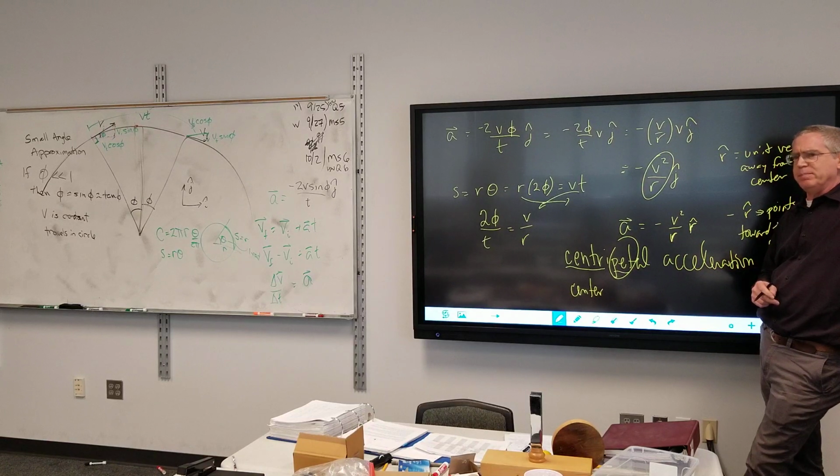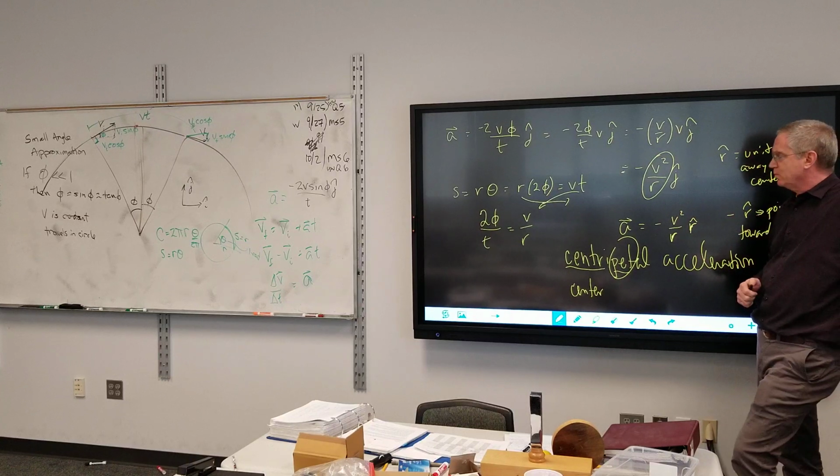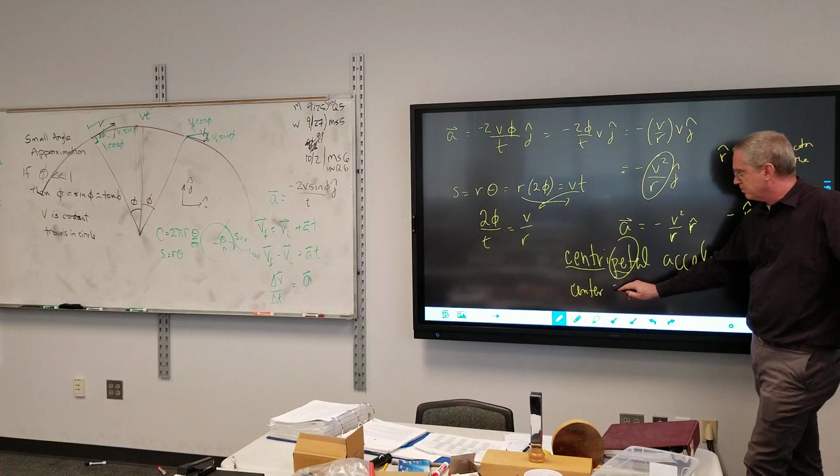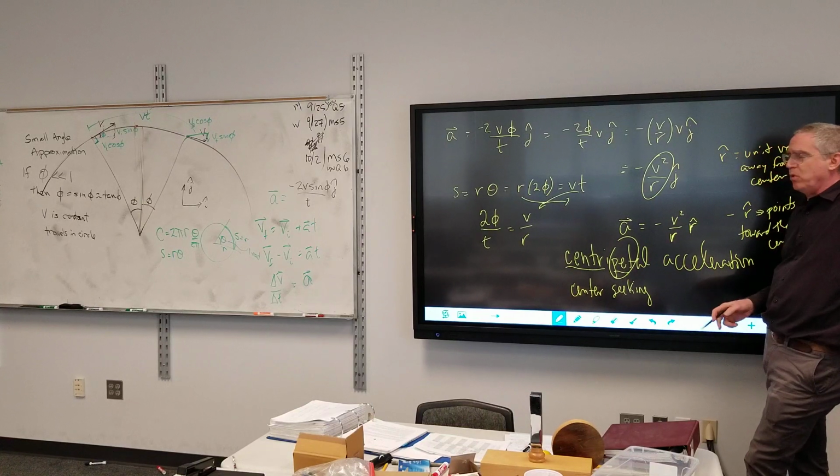The petal in competition has the same meaning here: seeking. In a competition, you have two groups that are seeking each other. So centripetal means center seeking. It is pointing towards the center.